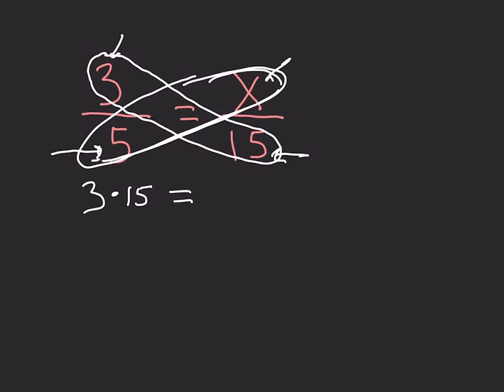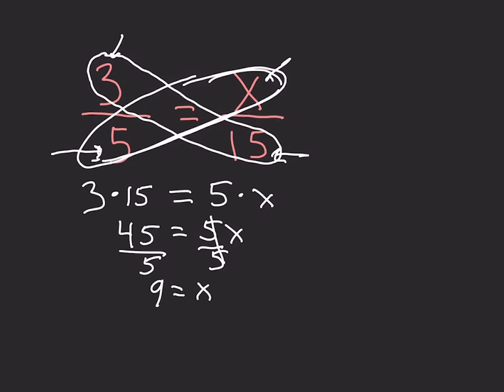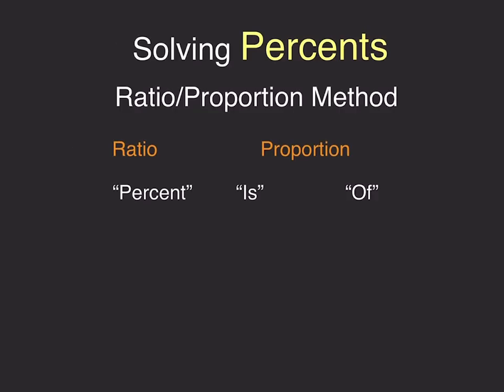We will do 5 times that x. 3 times 15 is 45, and that equals 5 times x, or 5x. Solving algebraically, you divide by 5 to cancel that 5. Dividing here by 5, we get 9. X is 9.